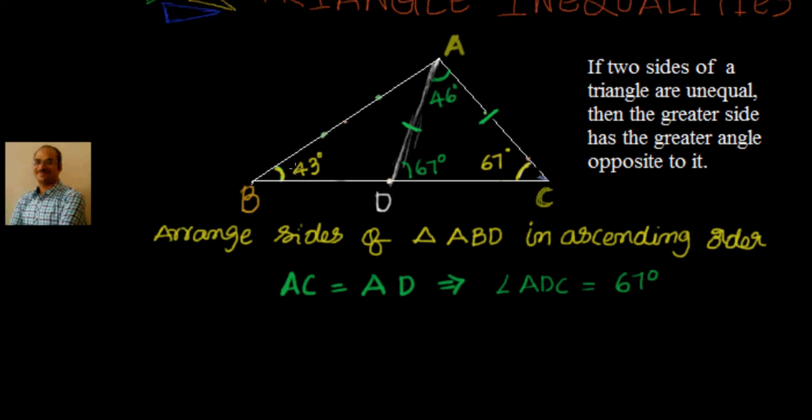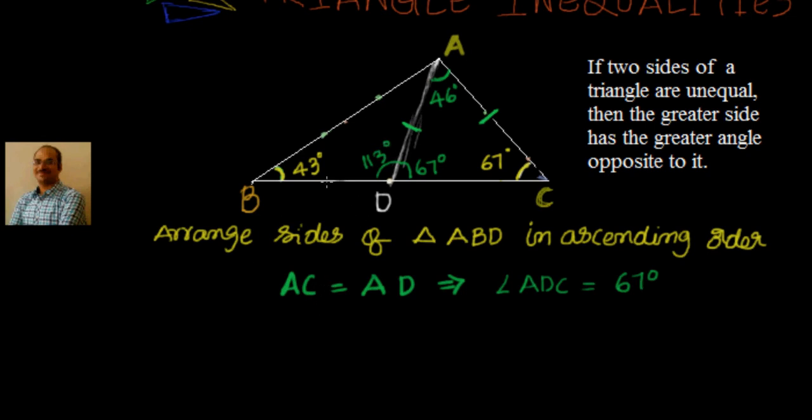Now we are interested in triangle ABD. So we have to know what is angle B, and also angle ADB, and also angle BAD. Now you can see here a linear pair of angles. The total angle is 180 degrees. So you can easily say that this angle is nothing but equal to 113 degrees.